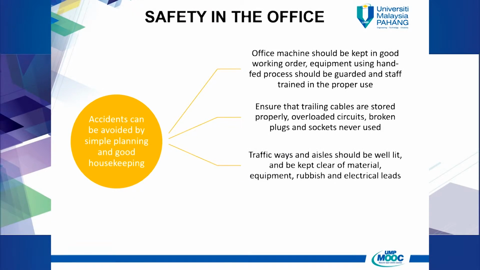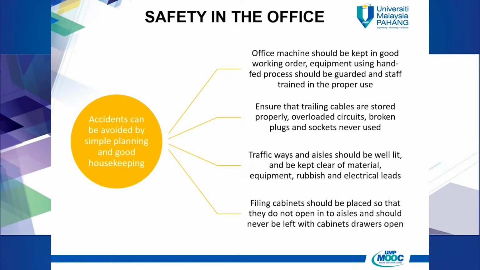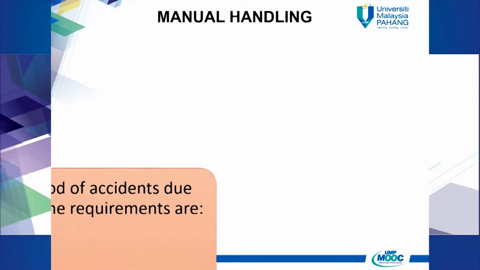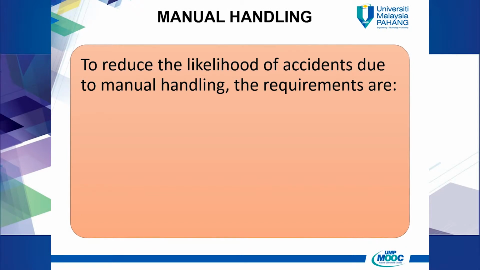Traffic ways and aisles should be well lit and be kept clear of material, equipment, rubbish, and electric leads. Filing cabinets should be placed so that they do not open in the aisles and should never be left with cabinet drawers open.